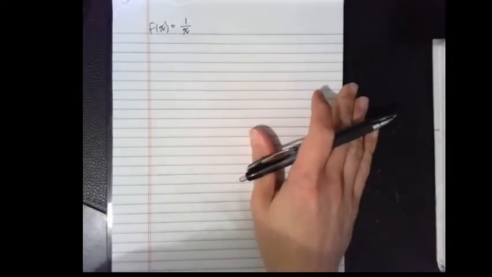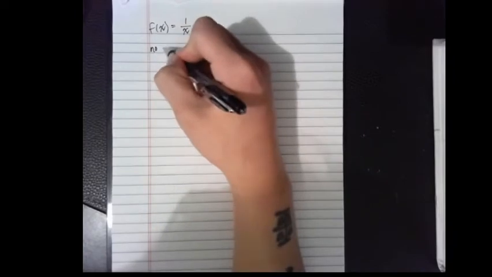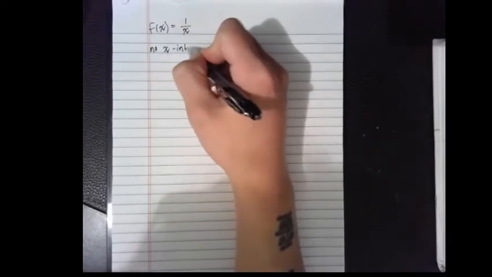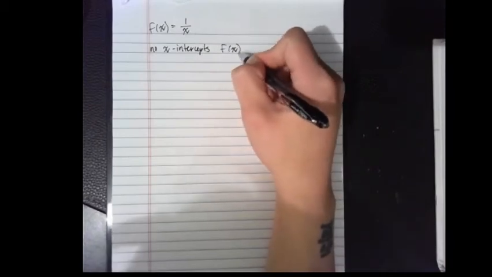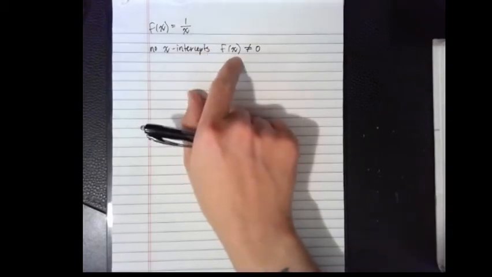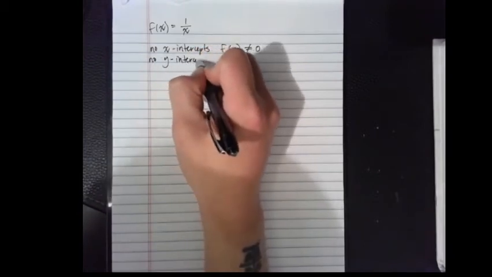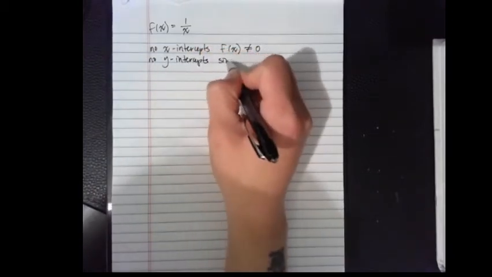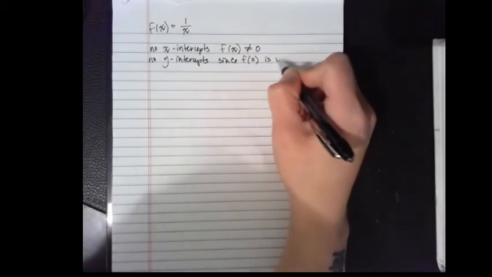Well, before we graph or plot points or anything like that, we can say that there are no x-intercepts, since f of x cannot equal 0, okay, and there are no y-intercepts, since f of 0 is undefined.